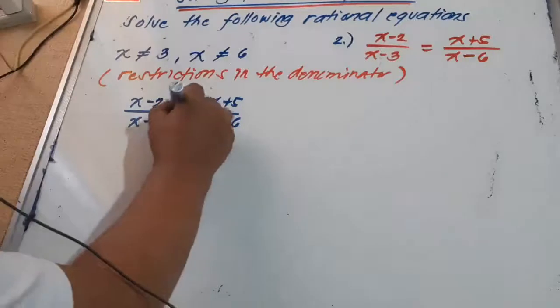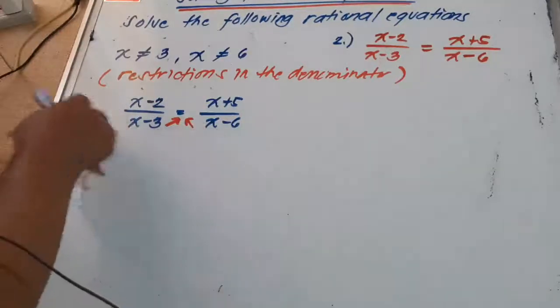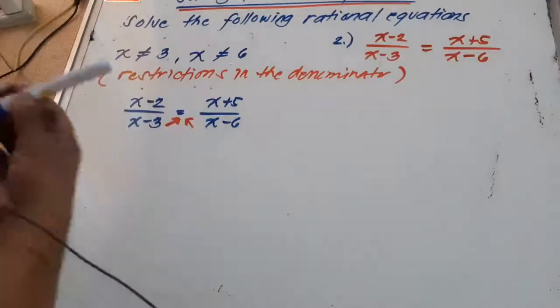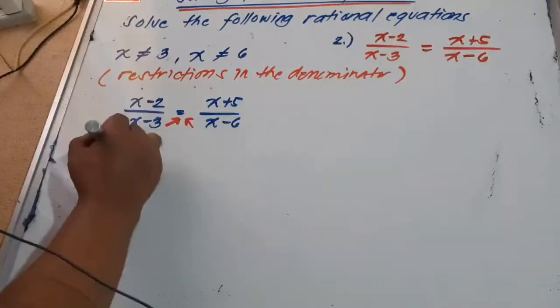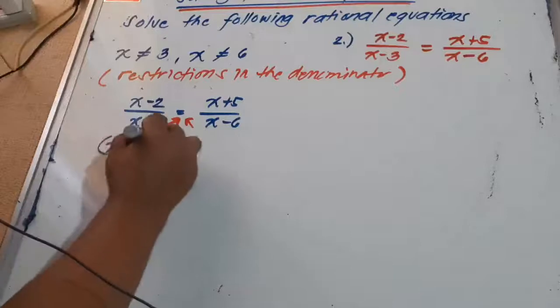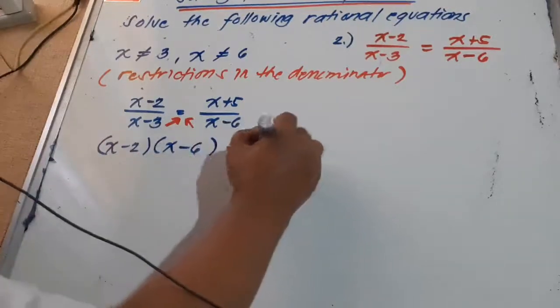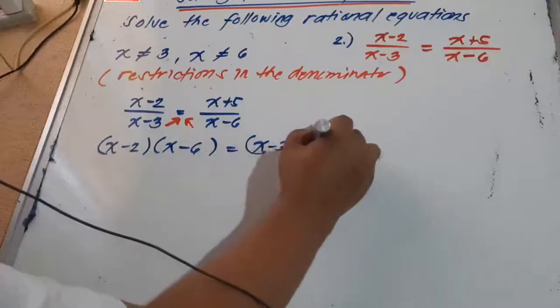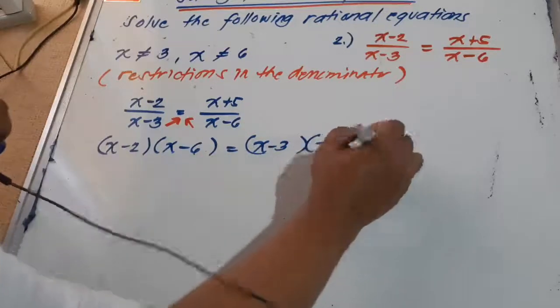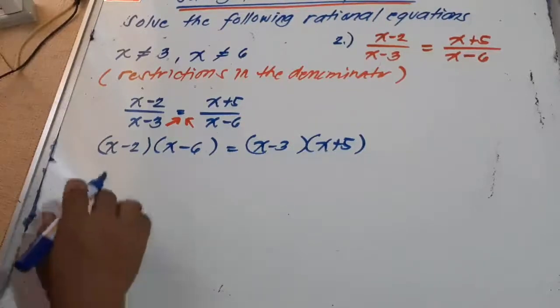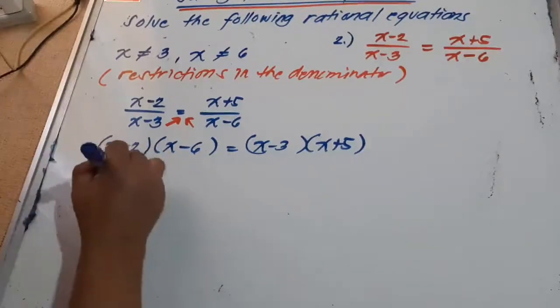So, pag ganun. So, x minus 6 times x minus 2, x minus 3 times x plus 5. So, we have x minus 2 times x minus 6 equals x minus 3 times x plus 5. Okay. And then, we expand natin. So, we have x times x is x squared.